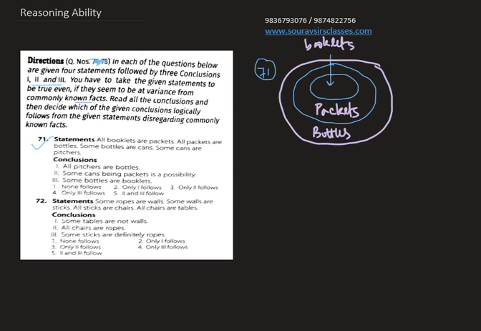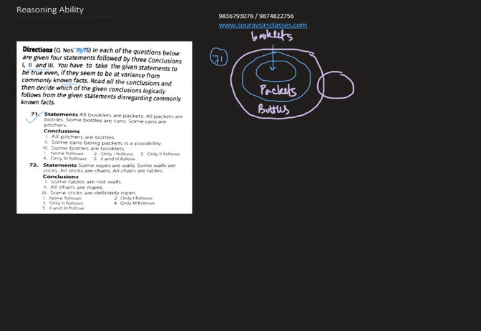Some bottles are cans. And some cans are pitchers. So this is the required Venn diagram for these statements.